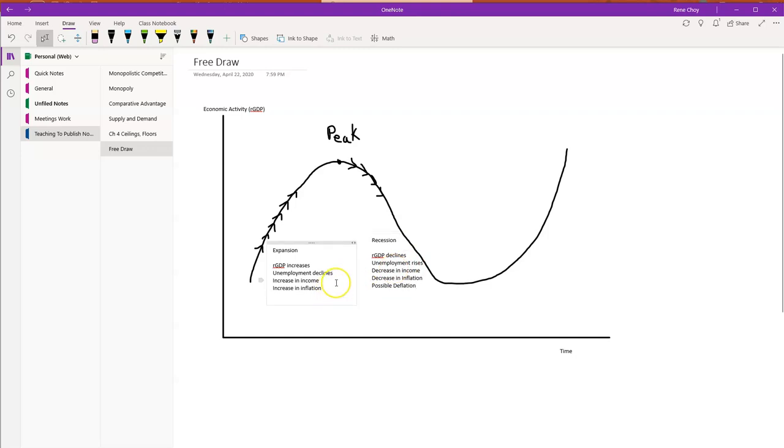Now again, during an expansion, you would also see asset prices go up. And during a recession, you will see asset prices decrease. Now the recession eventually ends. We hit a trough.